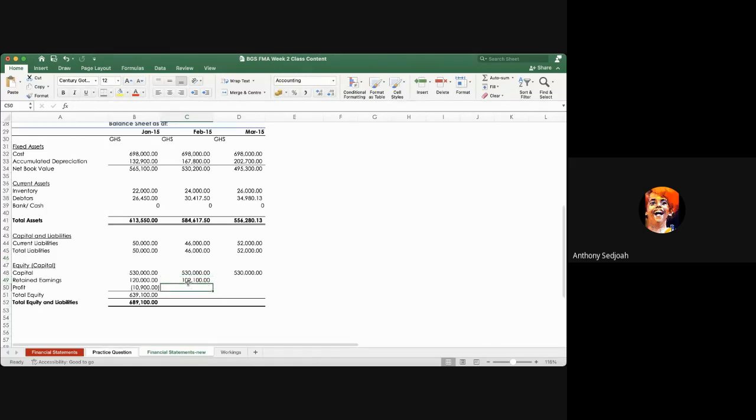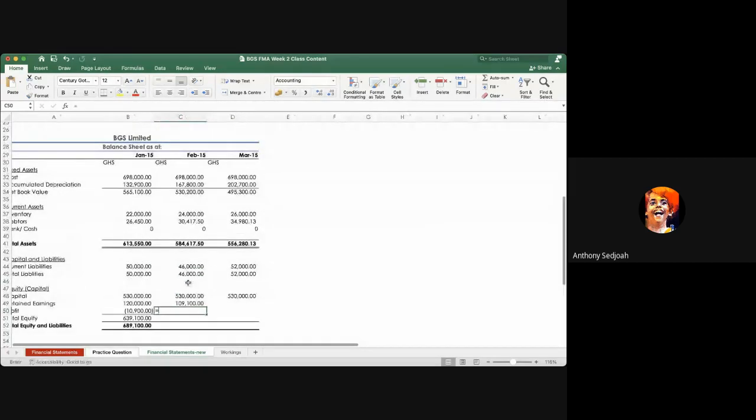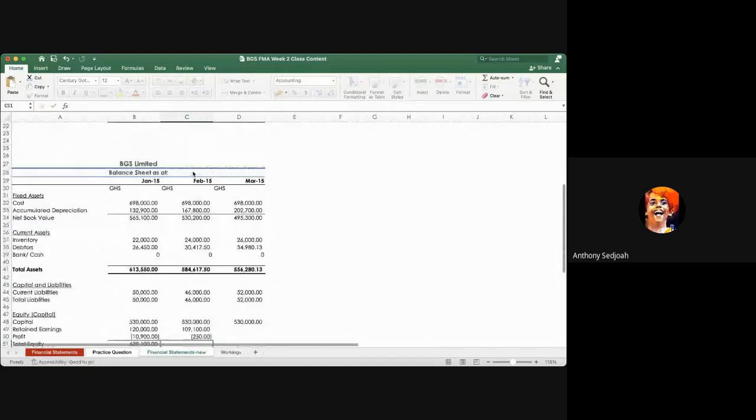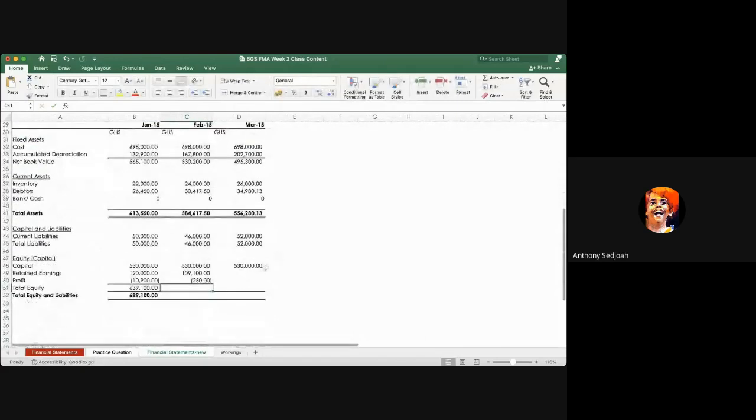So let's go ahead. Then let's bring the profit or loss for February, which is a loss of 250,250. So let me drag my total equity formula to the right side to match. Then I'll drag the total equity and liabilities to match. Okay. Let me grab this one too.